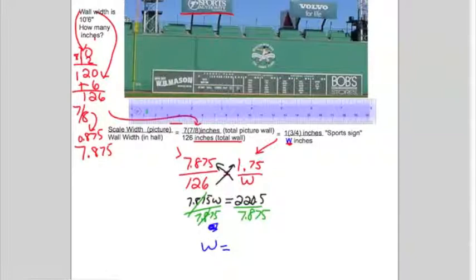And when you do that, you come out with 28 inches. So, that really tells you that the width of that sign, from here to here, is going to be 28 inches.